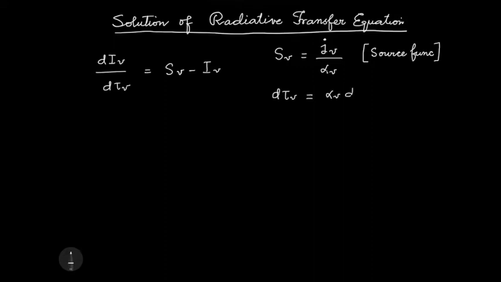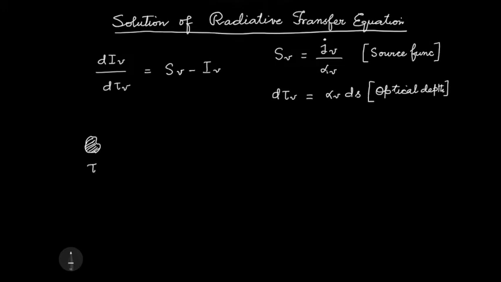And d tau nu is alpha nu times ds. So tau is optical depth or opacity. I nu is essentially our specific intensity, and what we are trying to do is to solve this equation today.